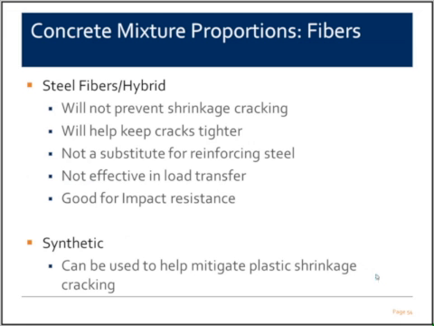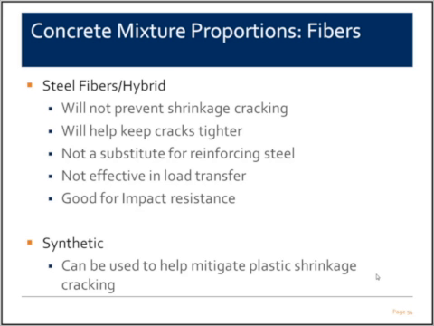I'm going to quickly go through some of these other factors as we're running out of time. Steel fibers: I typically don't recommend steel fibers or hybrid fibers for use in slab-on-grade for load transfer. I don't feel it's an effective way to get load transfer at joints.